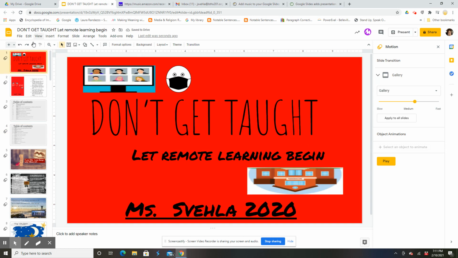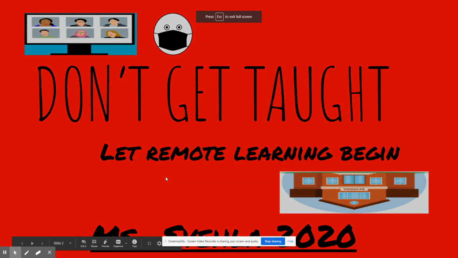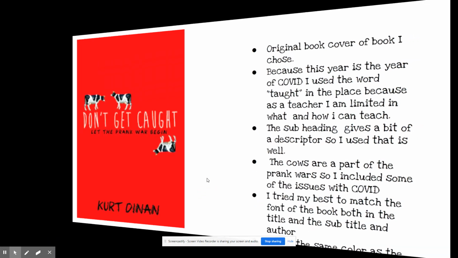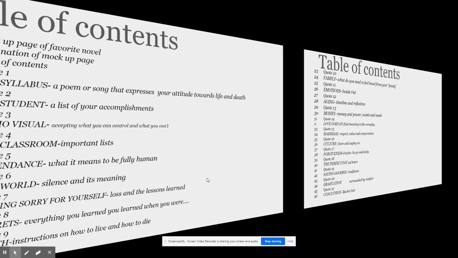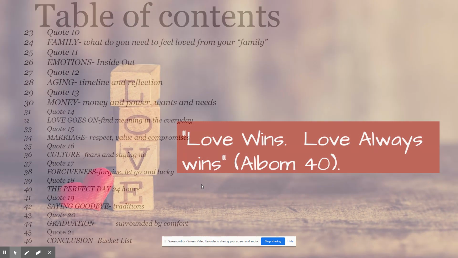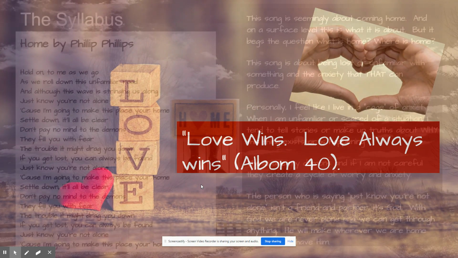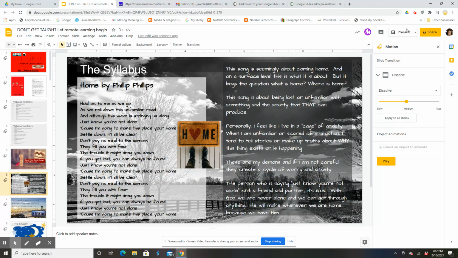All right, so let's see how this looks if I start presenting it right now, because I've changed them all, right? So it has different ways of showing it because I chose all those different ways. Okay. All right, so that's one way you can do it.